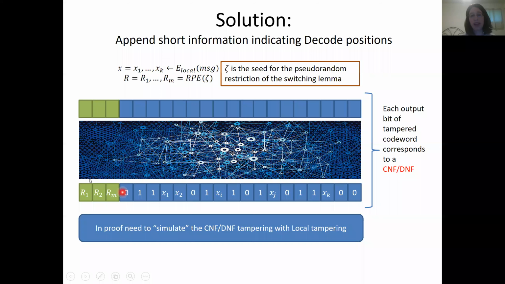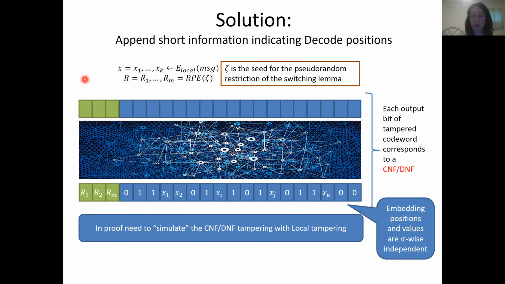And now we're going to append these values R1 to Rm to the code word. And now when we encode, we're going to use zeta in order to generate the pseudorandom restriction. Again, we're going to place the X1 to XK values in the star positions. The other positions are going to be 0, 1 at random.